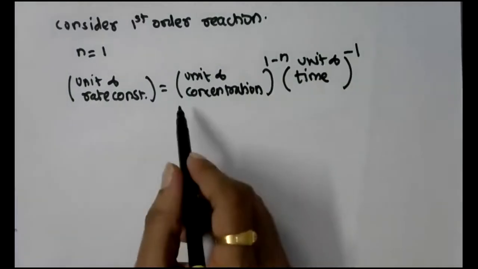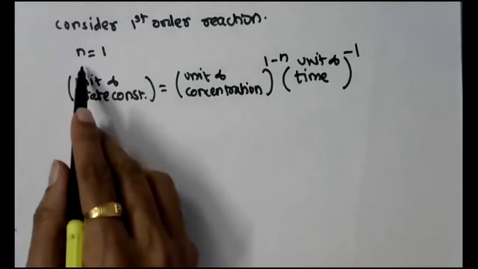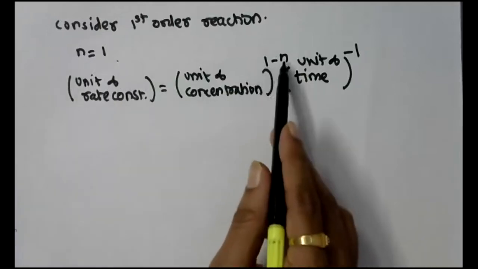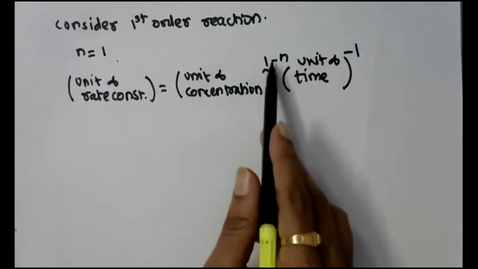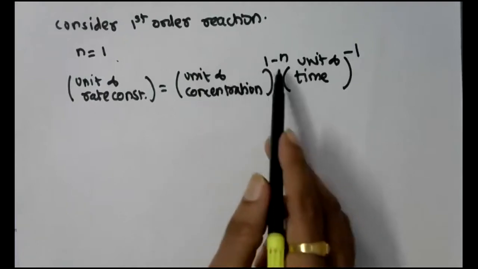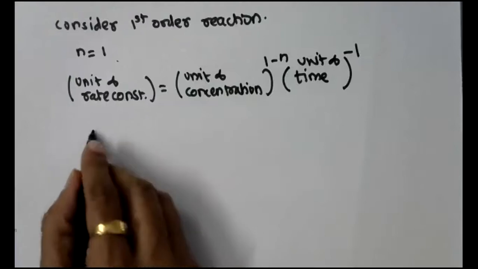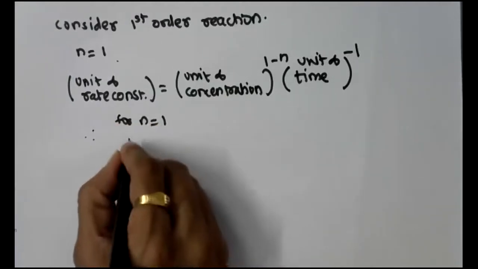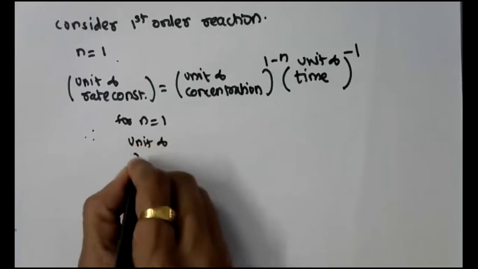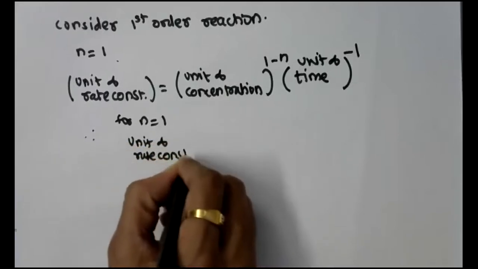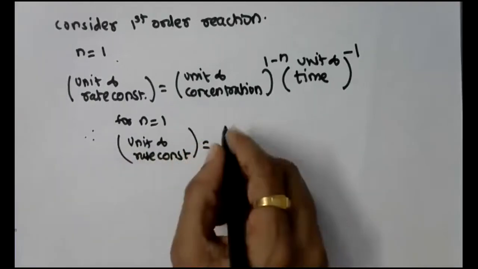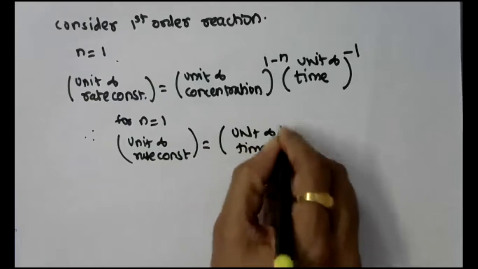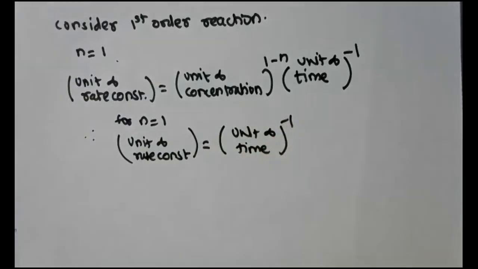For a first order reaction, n is equal to 1, so 1 minus 1 will be 0. Anything raised to 0 is always 1, and therefore for n is equal to 1, the unit of rate constant will be equal to unit of time inverse, that is time inverse.